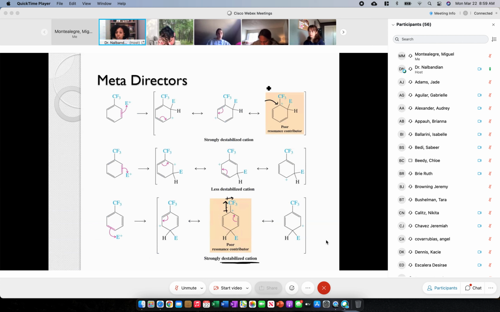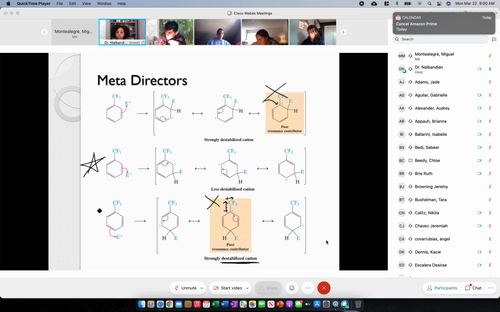So we don't want to do this. We don't want to do this. These are really bad carbocations now, if it's a CF3, because the fluorine is pulling away electron density. If it was a CH3, this would be fine because the methyl could donate electron density to stabilize that positive charge by hyperconjugation.